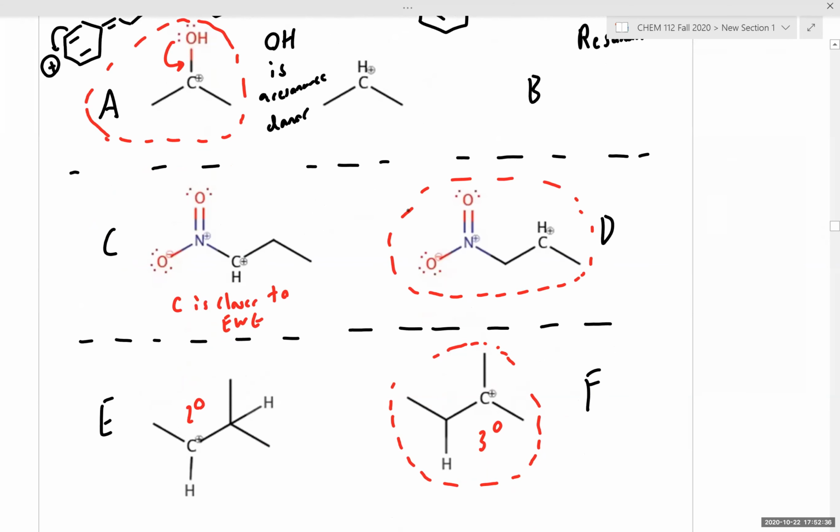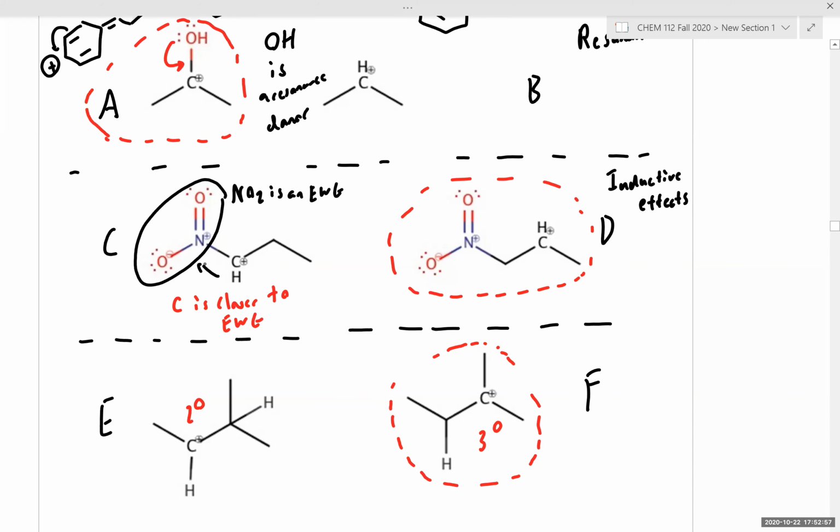For the second pair, our primary effect that we need to consider are inductive effects. So looking at inductive effects, this group here, this nitro group, NO2, is a strong electron withdrawing group.